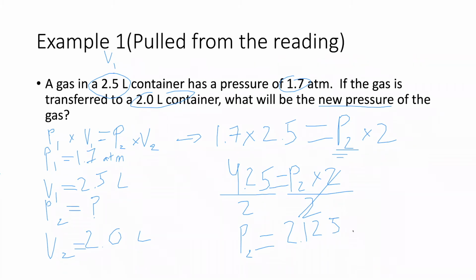And then your units, okay, for pressure, simply use what was listed in the problem, which was in this case atmosphere. So it would be 1.125 ATM for atmospheres.